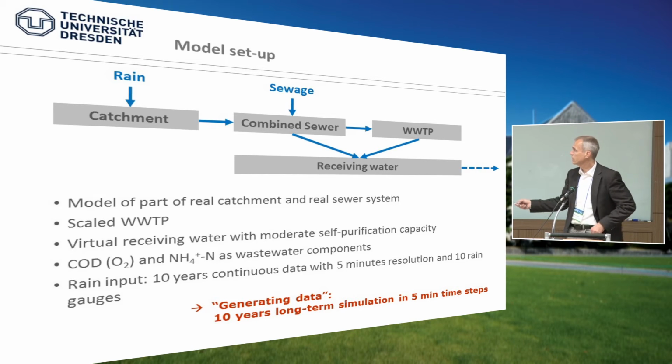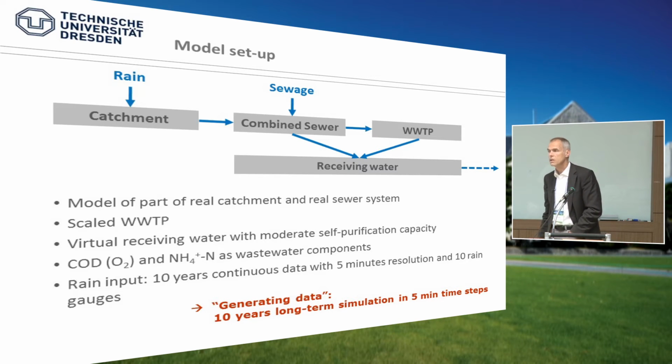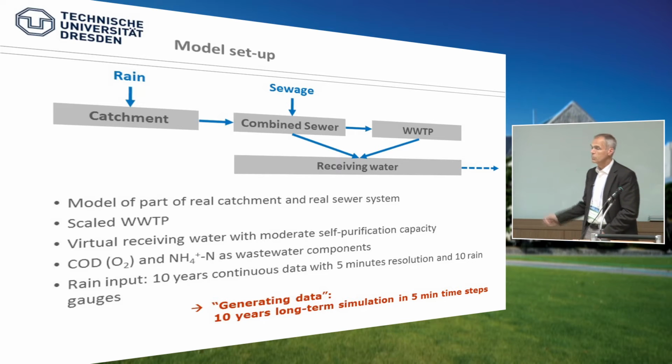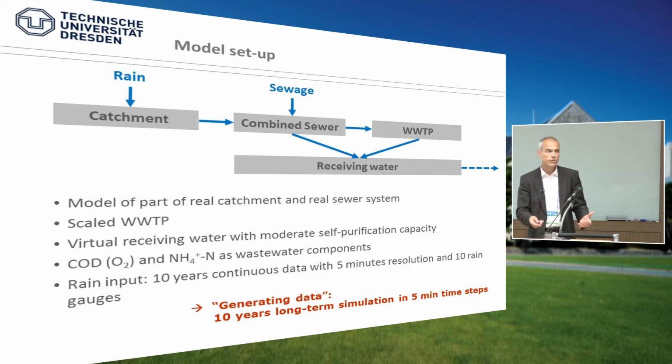And what we did was we carried out integrated simulations from the rain runoff in the urban catchment, from the transport in the combined sewer system, from the processes in the wastewater treatment plants, and also from the processes in the receiving waters. We took, to model this, a part of the city of Dresden, of which we have a lot of rain information.